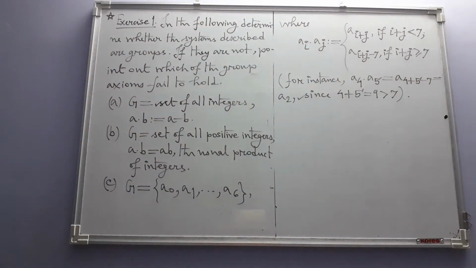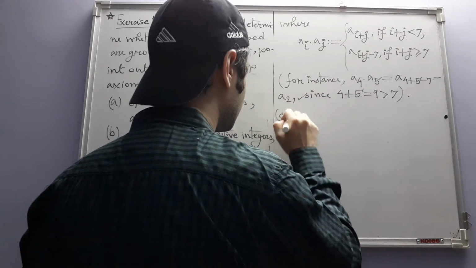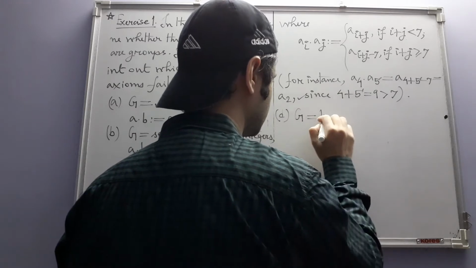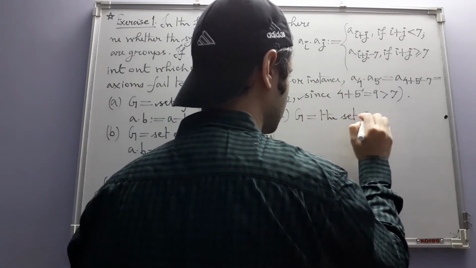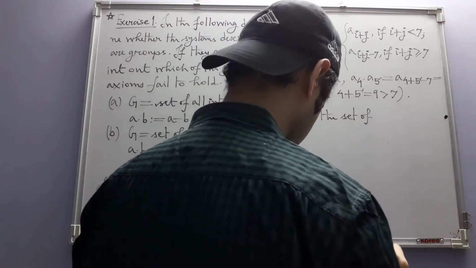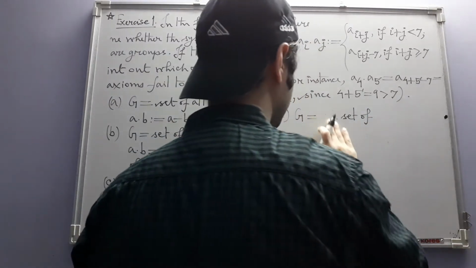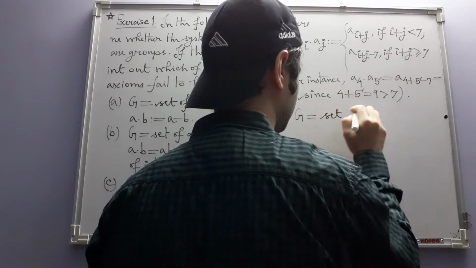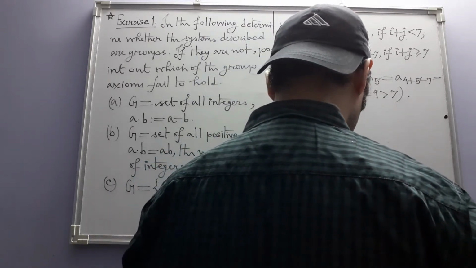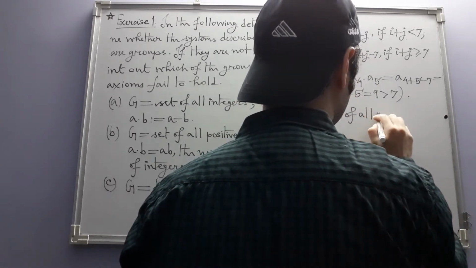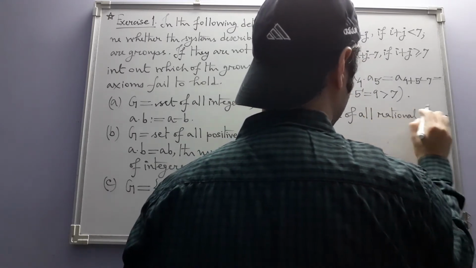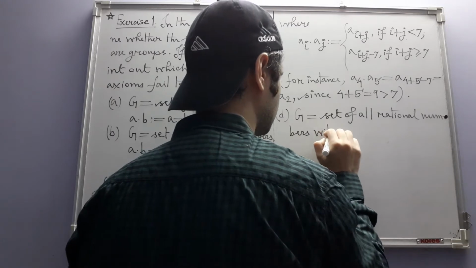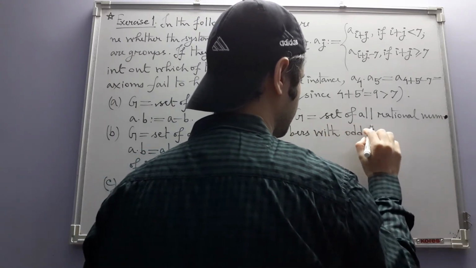So this is part C, and there is one more, part D. G is the set of, okay, the author is not using the, it sounds somewhat peculiar, but anyway, set of all rational numbers with odd denominators.